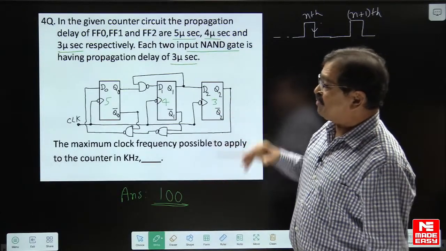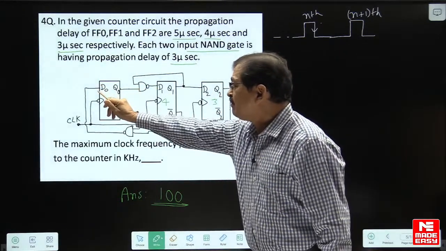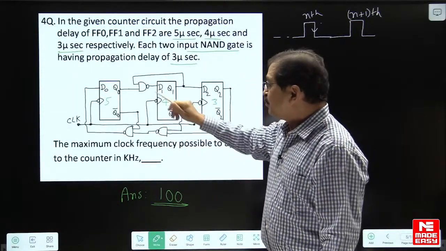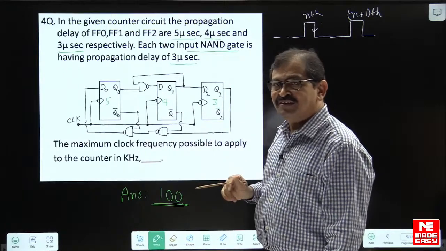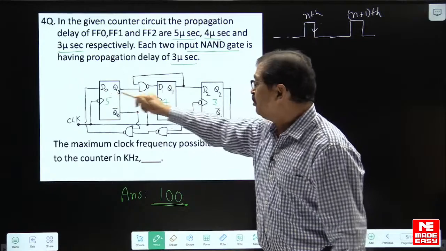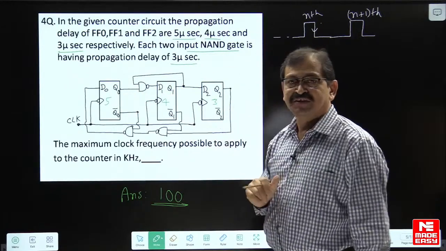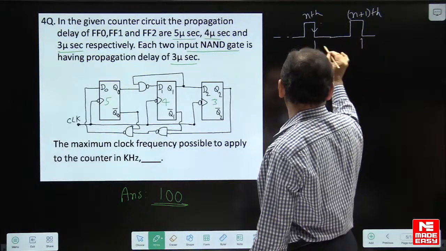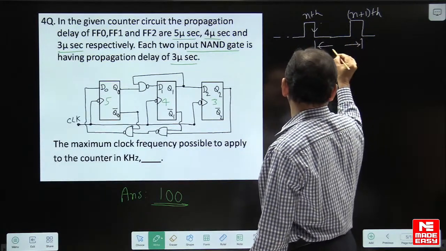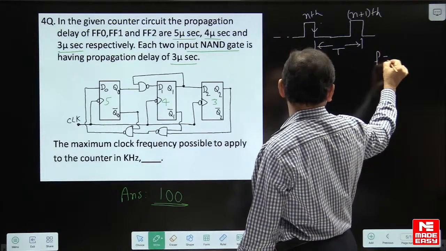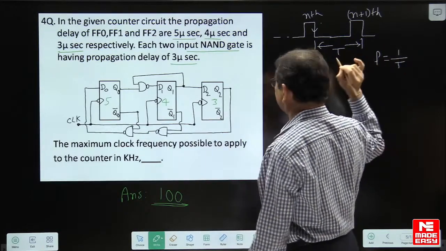Those changes must be available as the inputs to flip-flop 0, flip-flop 1 and flip-flop 2. So the changes resulting from the nth clock pulse are supposed to be available as inputs before applying the next clock pulse. How much time is needed? If you identify this time, from this we can find the maximum clock frequency possible.